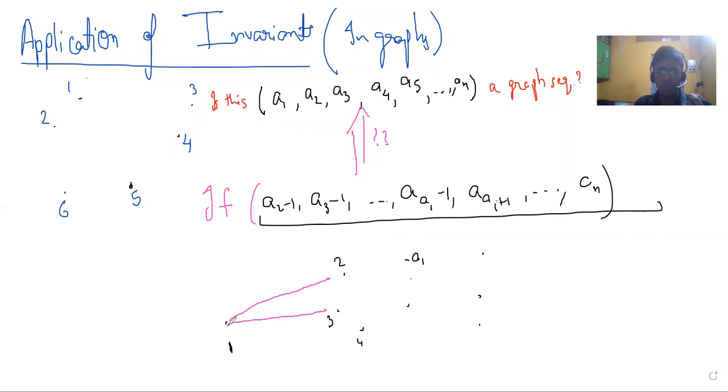Then vertex 1 will have A1 neighbors, which is what we want, and the neighbors of each of these have increased. This part doesn't require an invariant. This is a simple thing. The converse will need invariants.